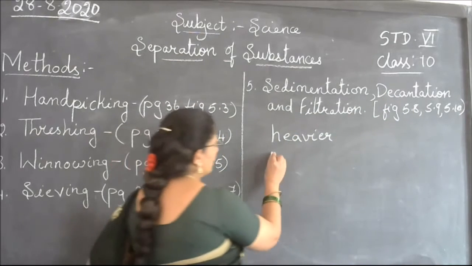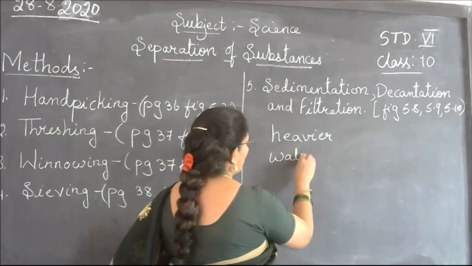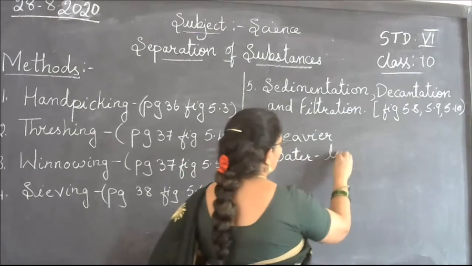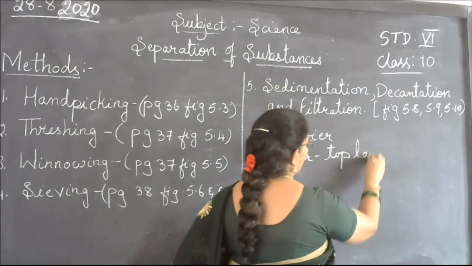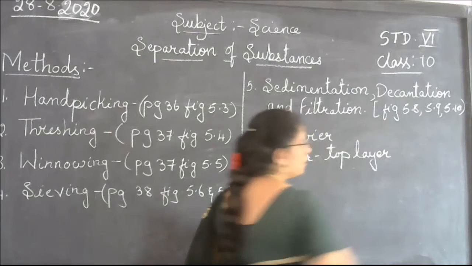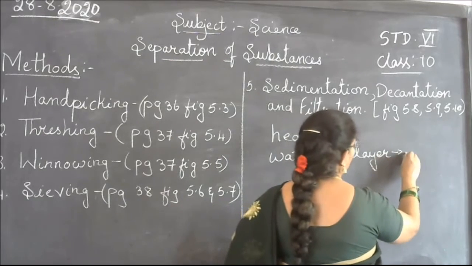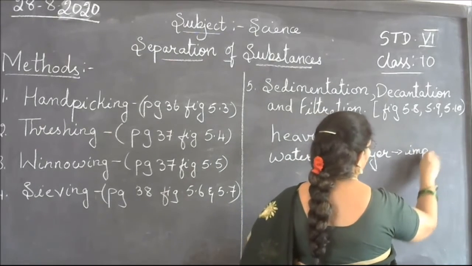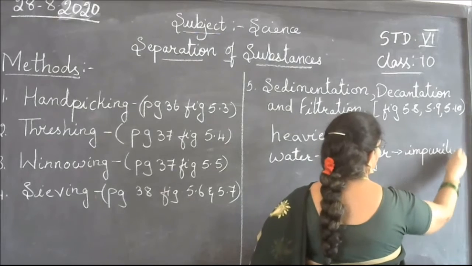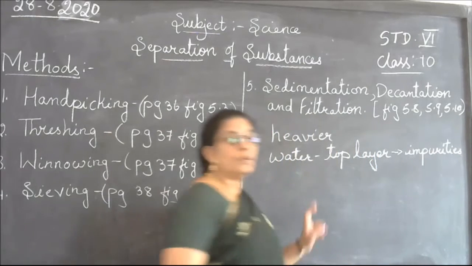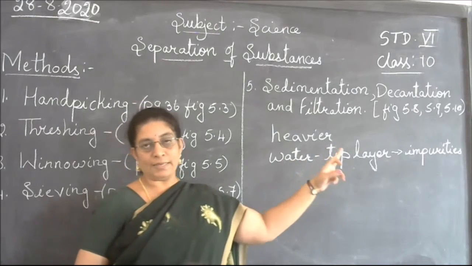So decantation means pouring out the water which is in the top layer. Okay, pouring out the water which is in the top layer along with the impurities. Okay, so that is called as decantation.